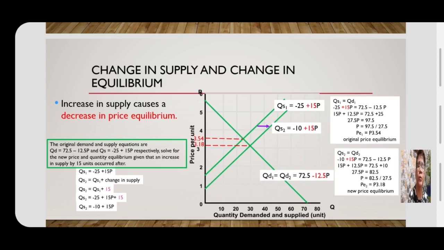So the new supply equation is equal to the original supply equation plus change in supply. The original supply equation is negative 25 plus 15P, plus an increase in supply by 15. And so the new supply curve now is negative 10 plus 15P.